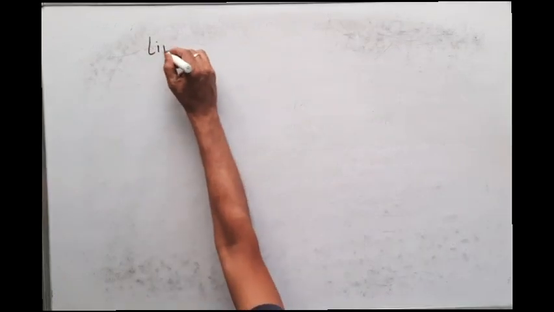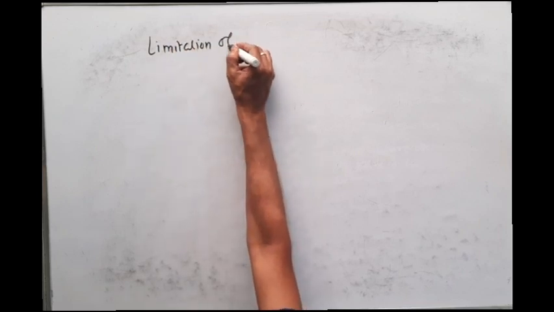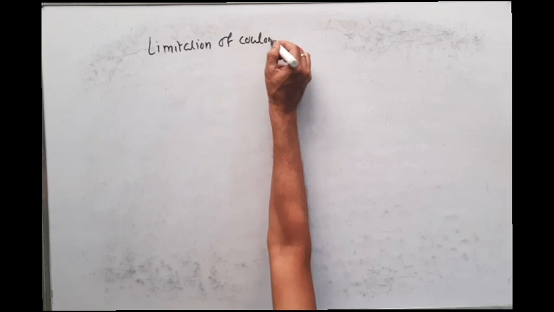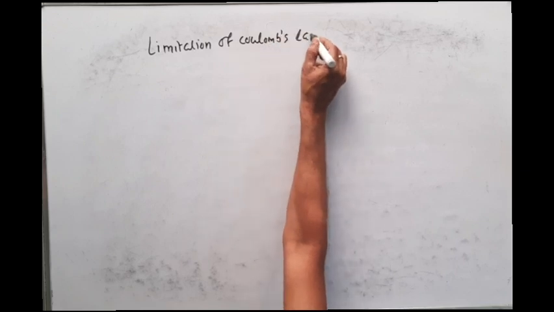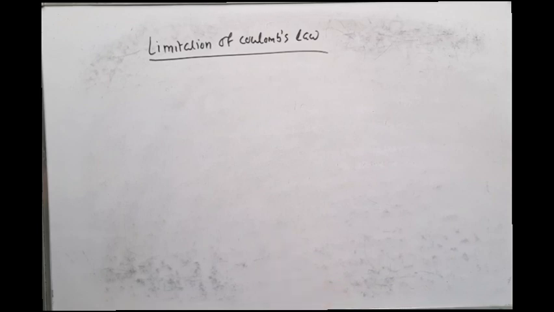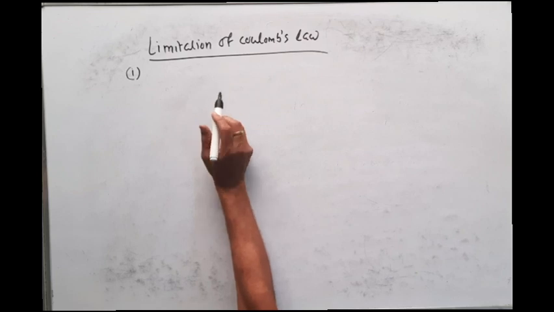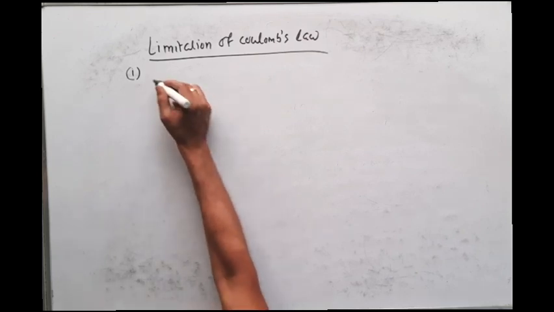Now we will see limitations of Coulomb's law. What are the various limitations of Coulomb's law? Every law has some merit and demerit. So what is the limitation of Coulomb's law? First, as I had told, Coulomb's law is applicable for point charge bodies.